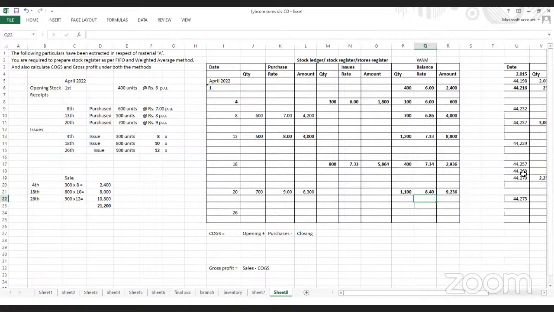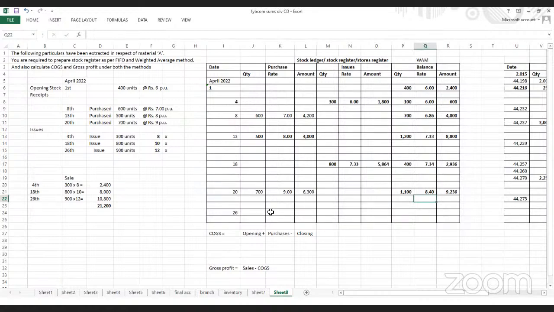Okay. In issues, if they have given the rate.